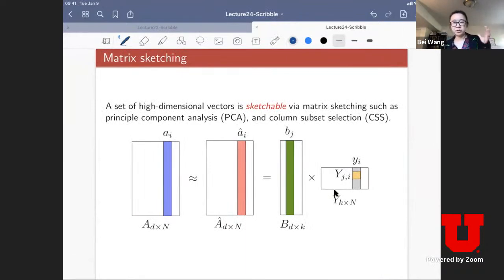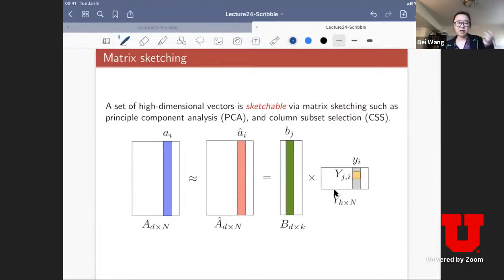The picture you just saw shows that a set of high dimensional vectors is sketchable via matrix sketching. You can consider principal component analysis, PCA, and column subset selection both as types of matrix sketching.